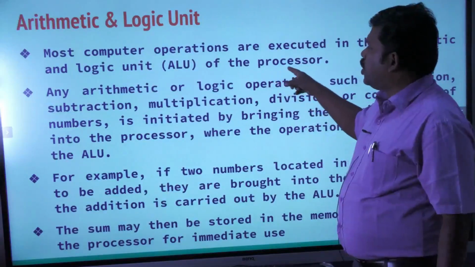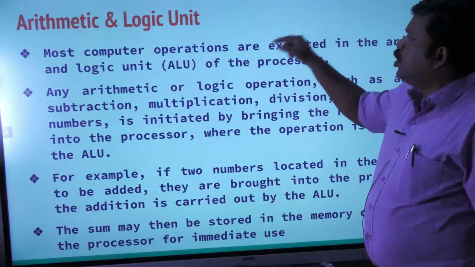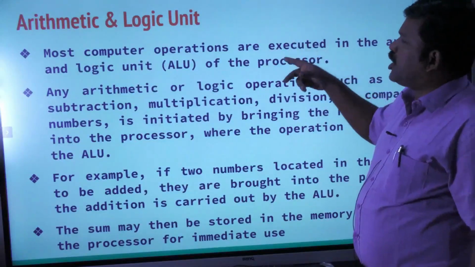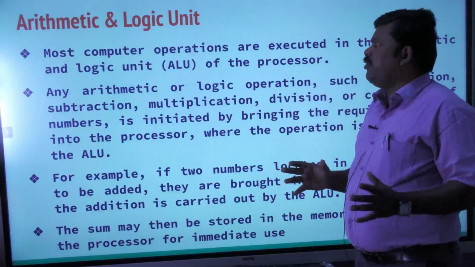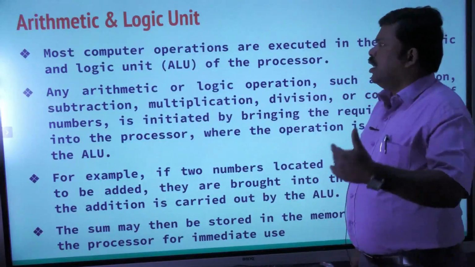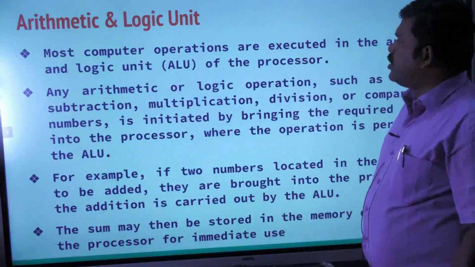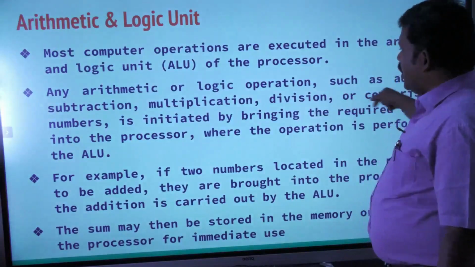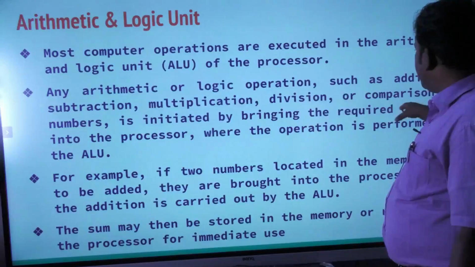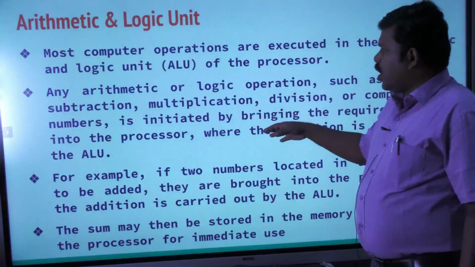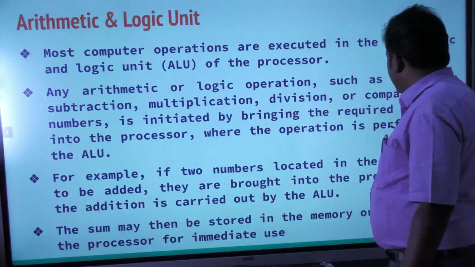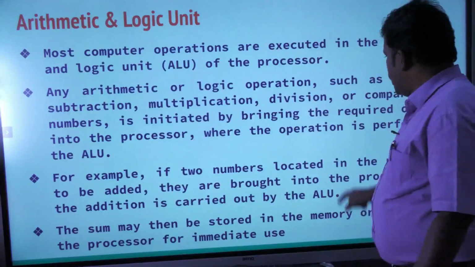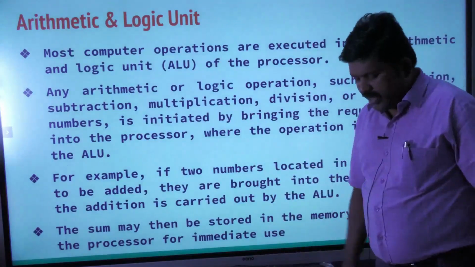The ALU is responsible for doing all arithmetic and logical operations, which are the key to turning your user programs into actions. Any arithmetic or logic operations such as addition, subtraction, multiplication, division, and comparison of numbers are initiated by bringing the required operands into the processor, where the operation is performed by the ALU.